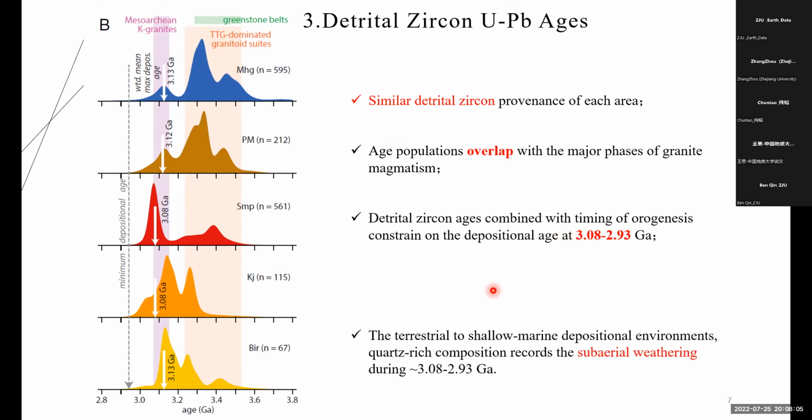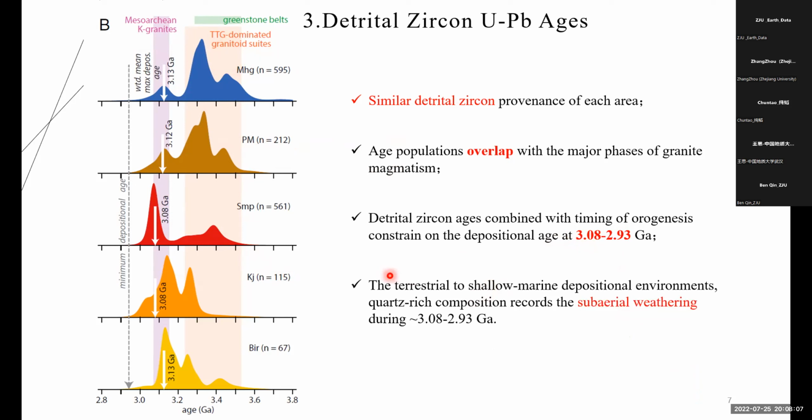Therefore, combined with the terrestrial to shallow marine depositional environment and quartz-rich composition, they propose that the Singbhum craton had already risen above sea level and experienced sub-area weathering during this period. That is the geological observation.